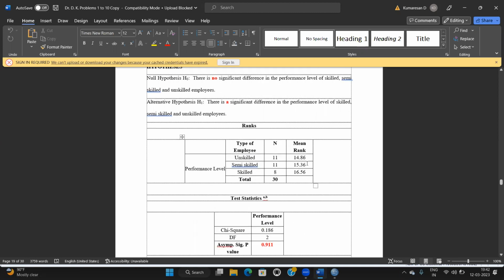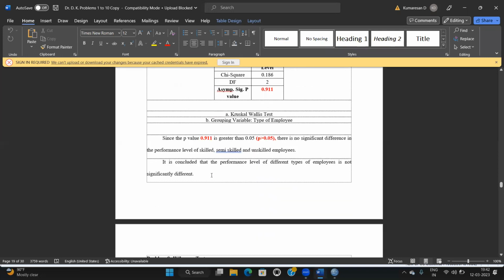But look at this. Mean rank. Unskilled 14.86, semi-skilled 15.36, and skilled 16.56.